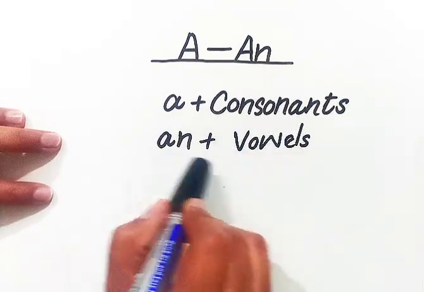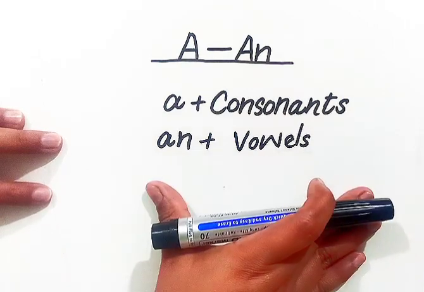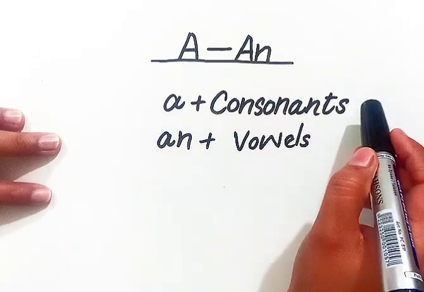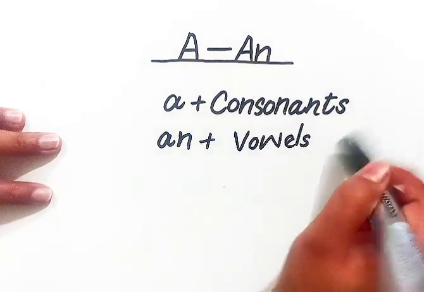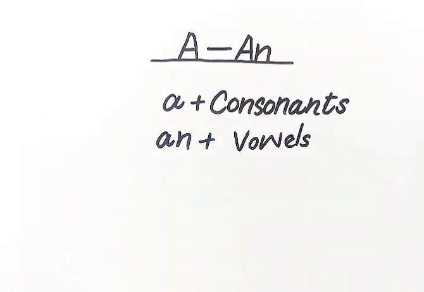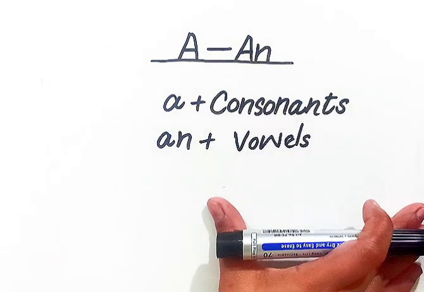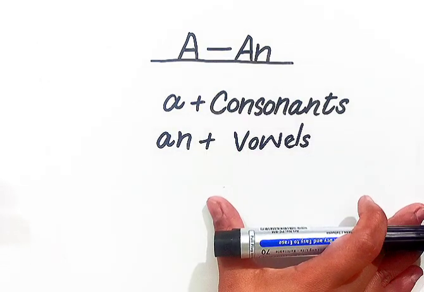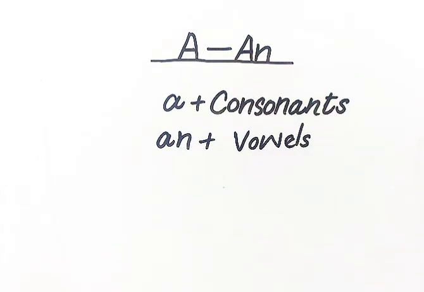And AN is used for vowels. Now the question is, what is a consonant and what is a vowel? In my previous video, we learned vowels and consonants. I discussed in detail about vowel and consonant letters.